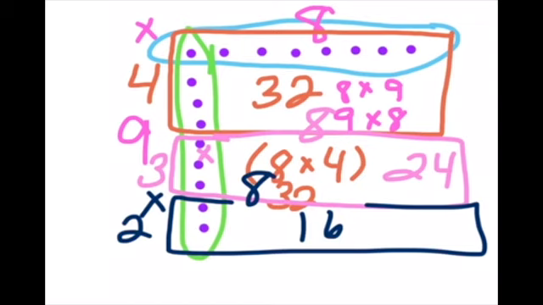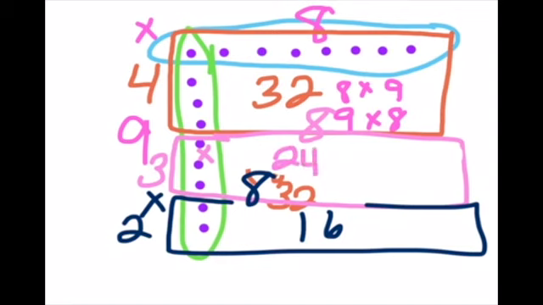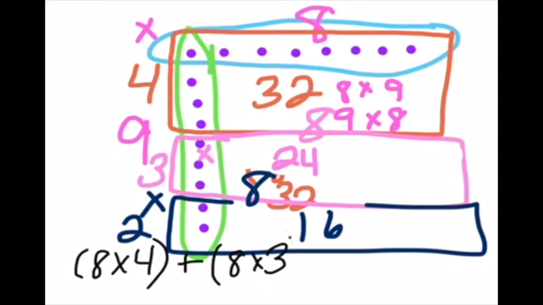And I'm going to have to do some erasing right here to rewrite what I had. Okay, let me rewrite my 24. Thank you for being patient with me. Okay, so let's see what we did first. We did 8 times 4 plus 8 times 3 plus 8 times 2.